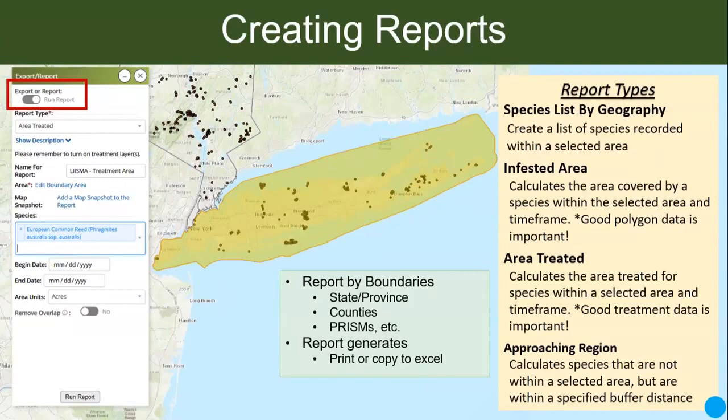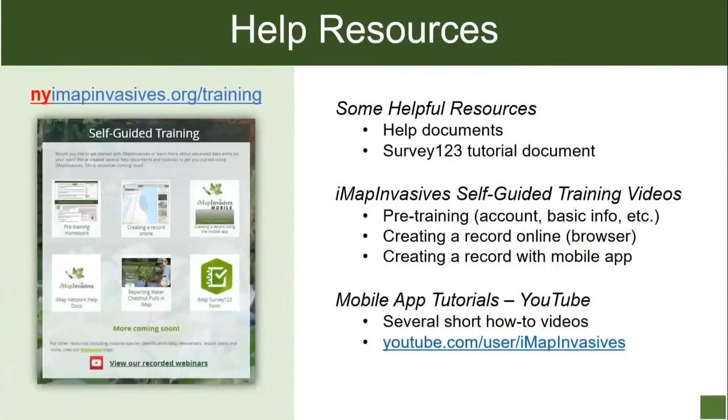There's infested area that calculates the area covered by a species within the selected area and time frame. Area treated calculates the area treated for species within the area. And approaching region calculates species that are not within the selected area, but are found within a specified buffer distance. And I will hand it back over to Mitch.